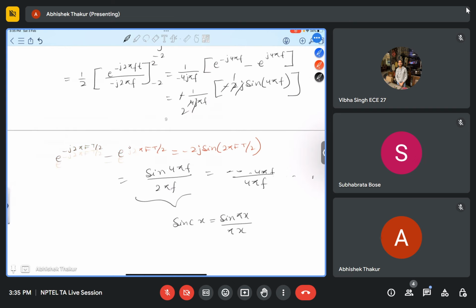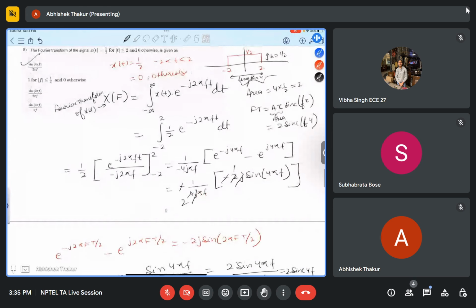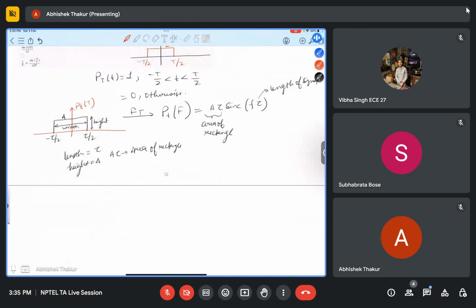See, after calculation we got 2 sinc 4f, and here just a shortcut. This shortcut is a generalized shortcut. So you remember this. This is very, very important. It will save lots of time in the GATE examination also. So this you remember. This is very, very important.